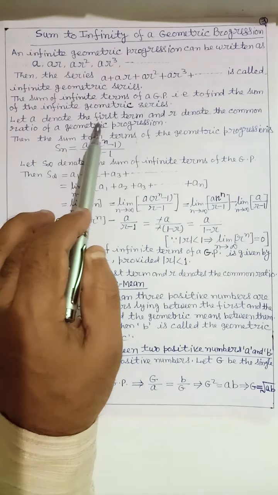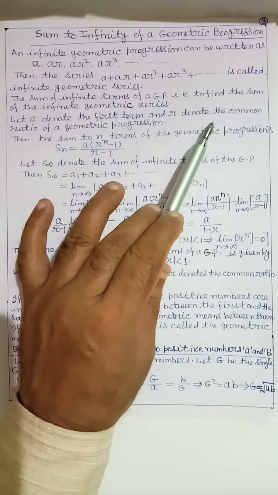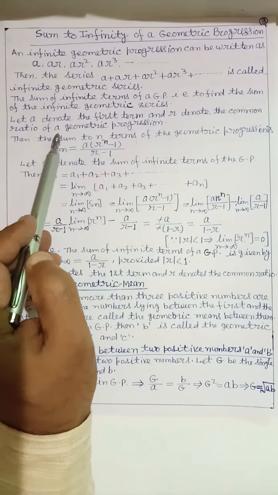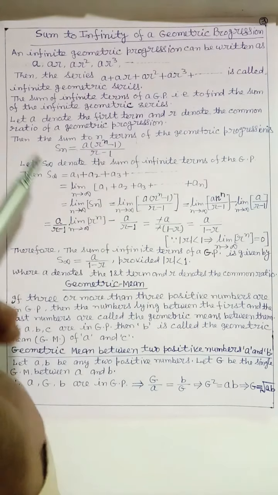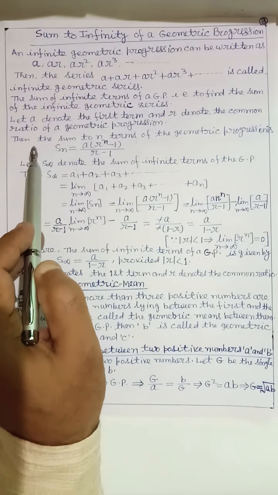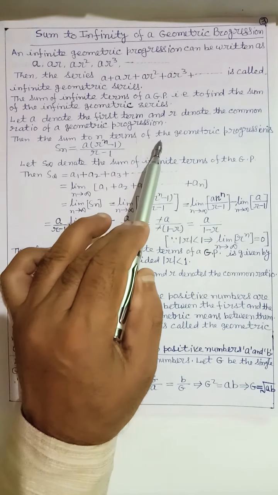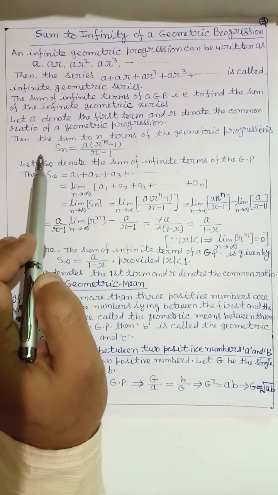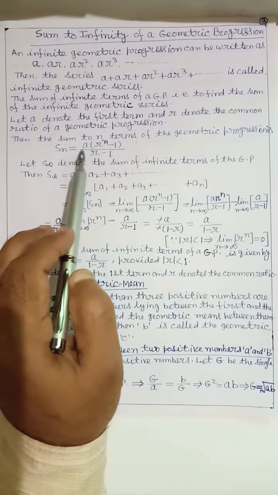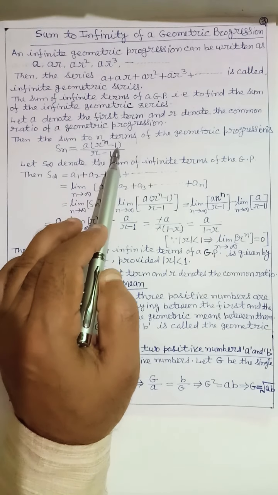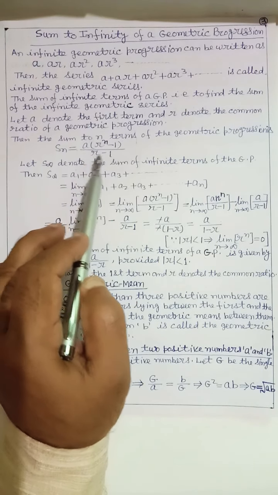Let a denote the first term and r denote the common ratio of a geometric progression, and then the sum to n terms of the geometric progression, already we know, is Sn equal to a into r to the power n minus 1 by r minus 1.